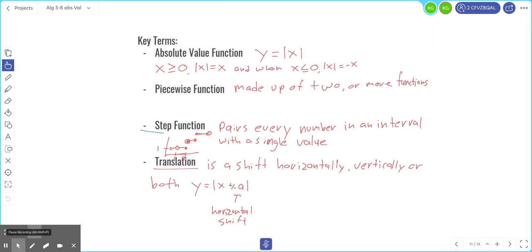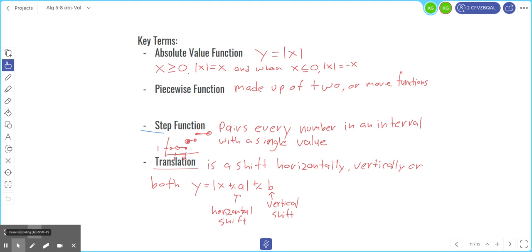So if we add something inside these absolute value brackets, it's a horizontal shift, and we add something outside, then it's a vertical shift. And if we add something inside and outside, we could shift it horizontally and vertically at the same time in one equation.